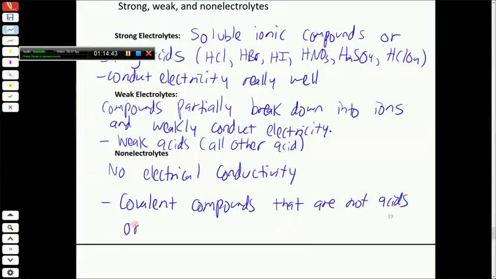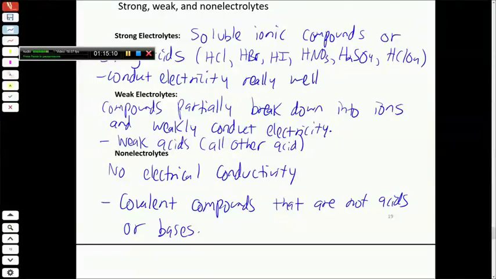Again, we haven't fully defined acids and bases yet, so we'll get to that later on in chapter 6. But if it's just a regular old covalent compound, like an alcohol being the classic example, methanol, ethanol, I think ethanol is what he did in that video, or sugar was the one he also did as an example of a covalent compound that's not an acid. Those ones, when you dissolve them in solution, don't give you any electroconductivity.